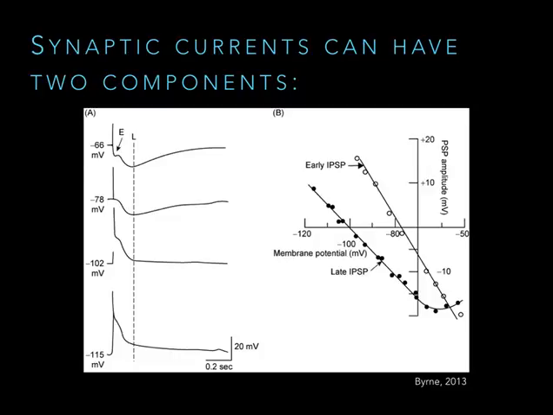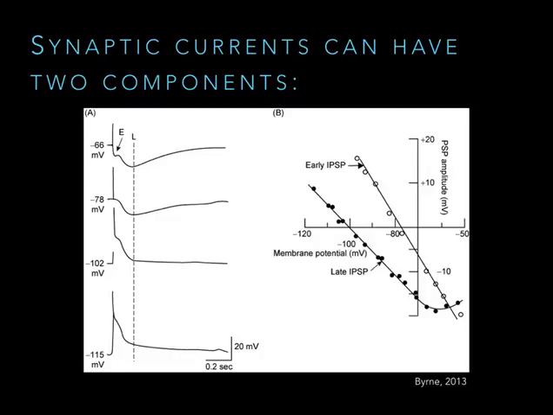The IV relationship is shown on the right there, so you can see the current or the membrane potential that results from the current at different membrane potentials. So you can essentially see where it reverses. The early component reverses near 80, maybe 78, as the left illustration shows, so it's probably a chloride conductance.